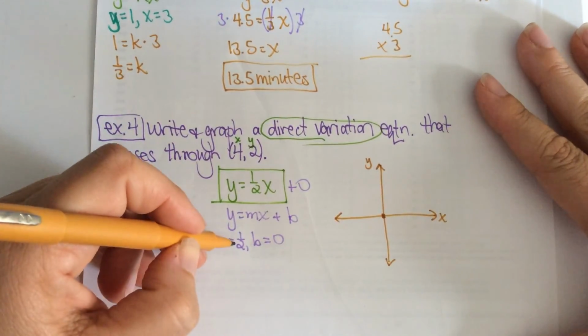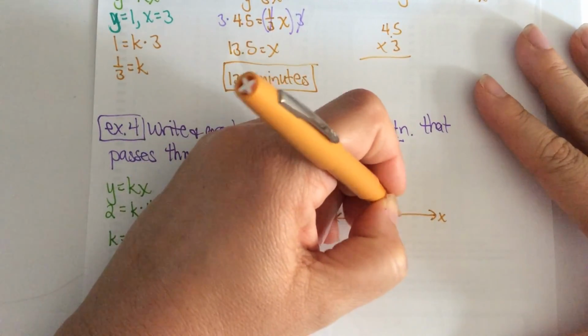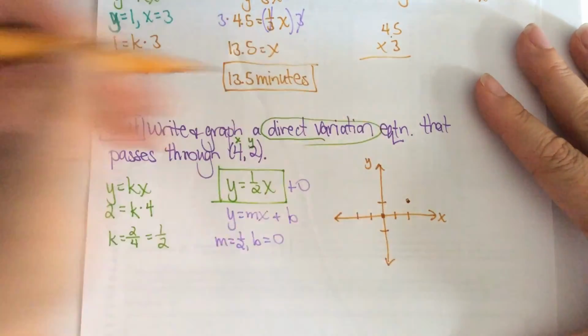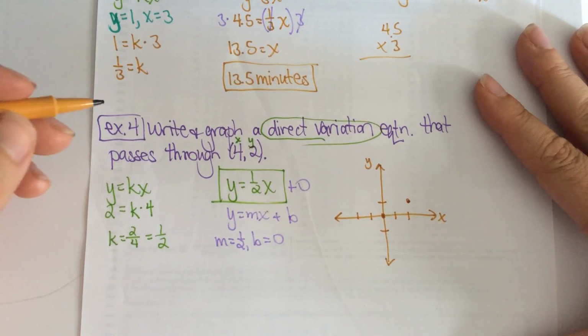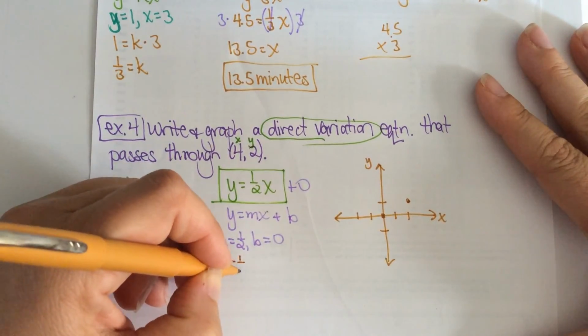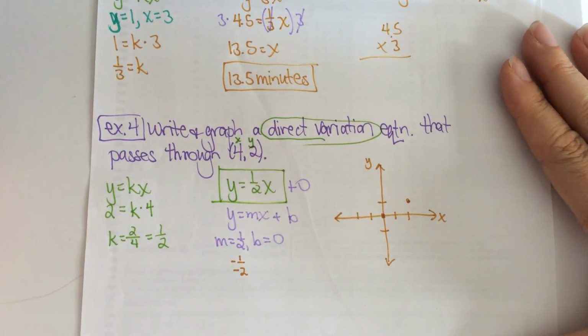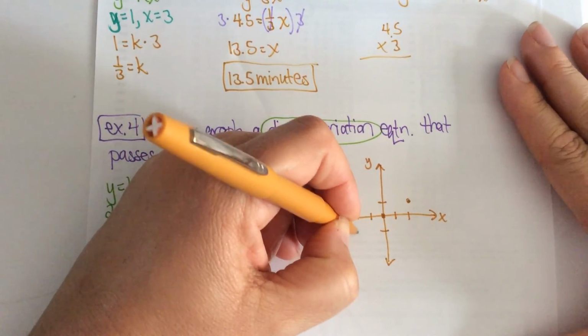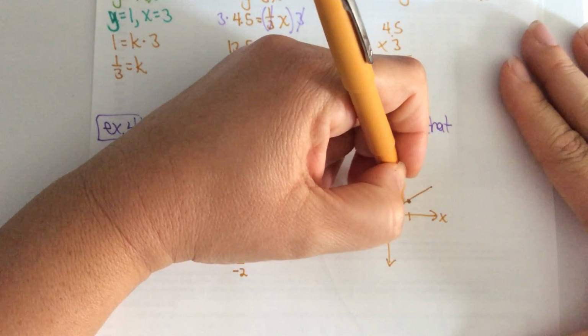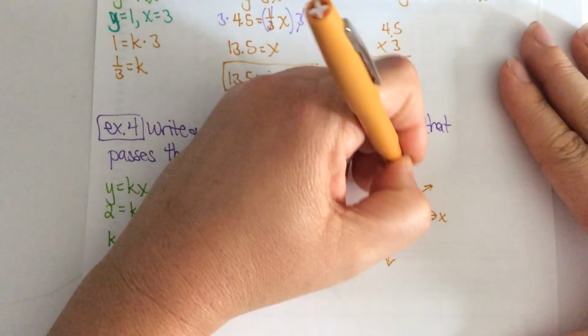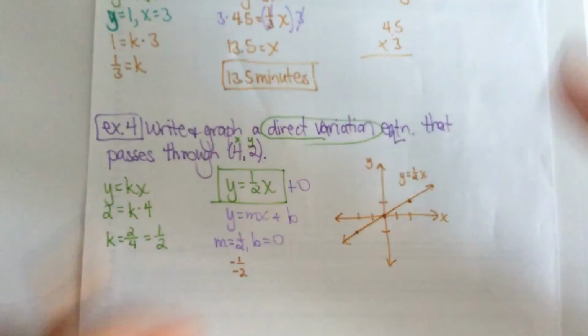And then this is rise over run. So rise 1 and run 2. So up and right, positive, positive. This is also the same as negative, negative, because a negative divided by a negative is equal to a positive. So down and left, and you can see that those dots make a line. So there's your y equals 1/2 x.